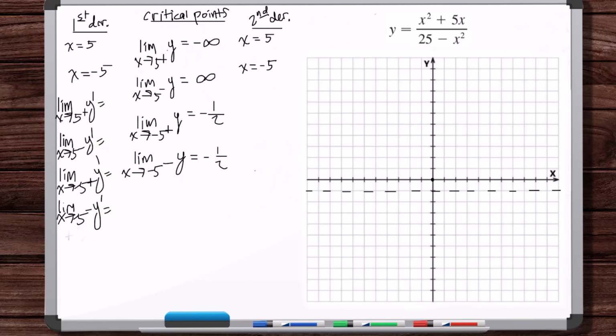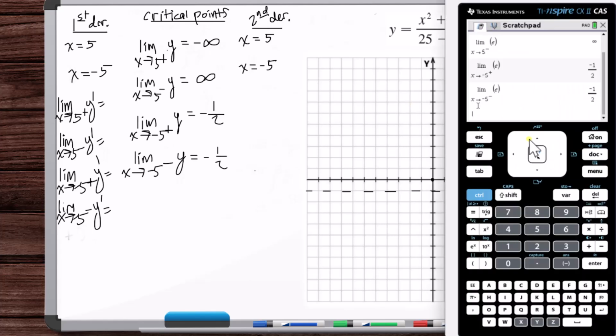What we'll do is get the first derivative and store that as d.